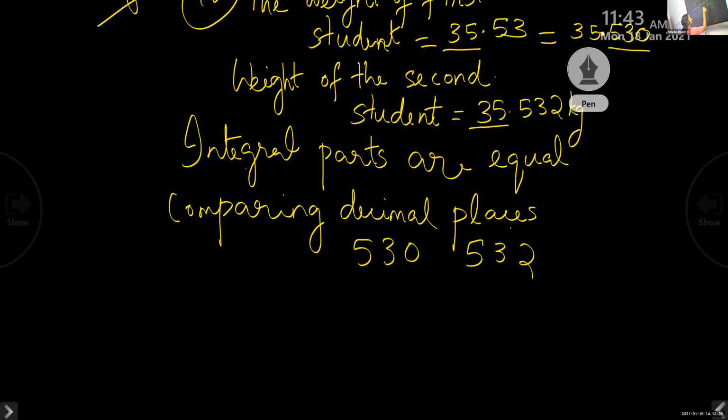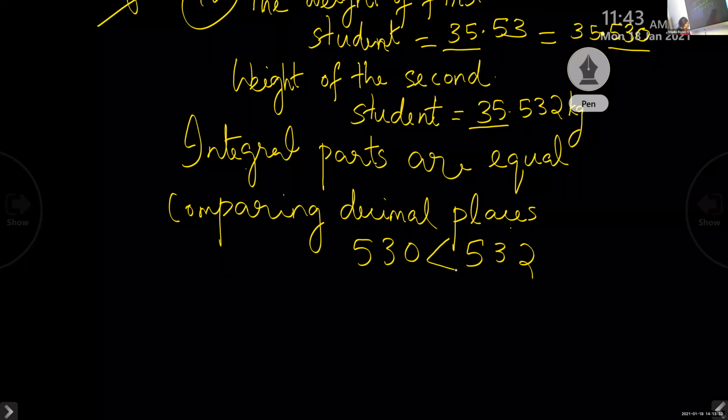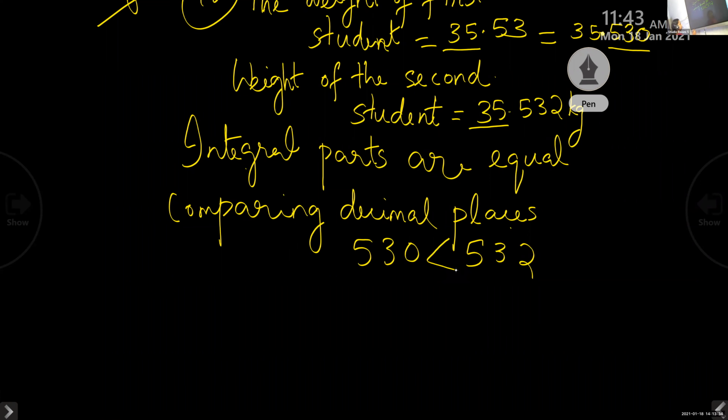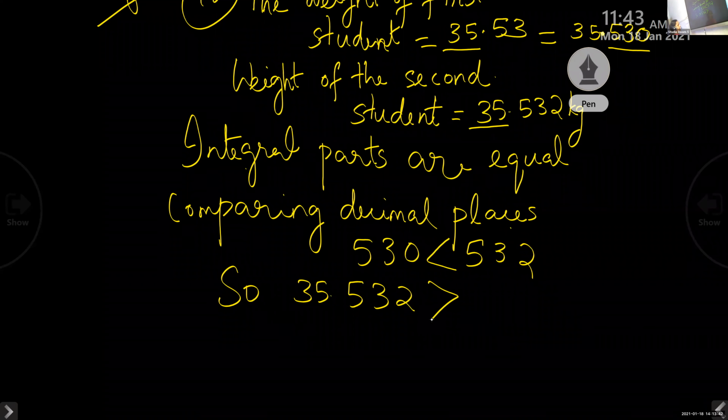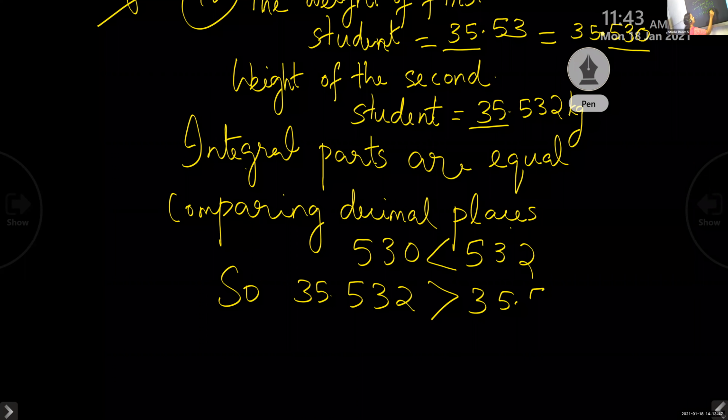530 is less than 532. So we can write, so, 35.532 is greater than 35.530.